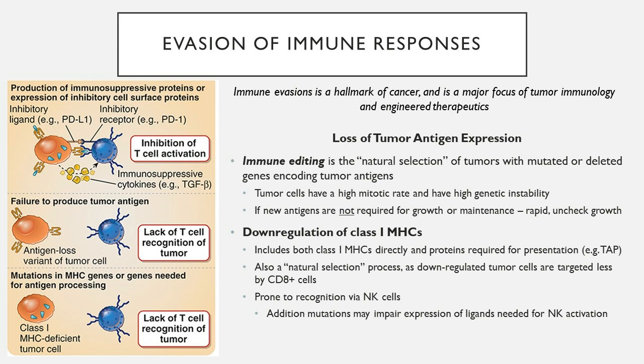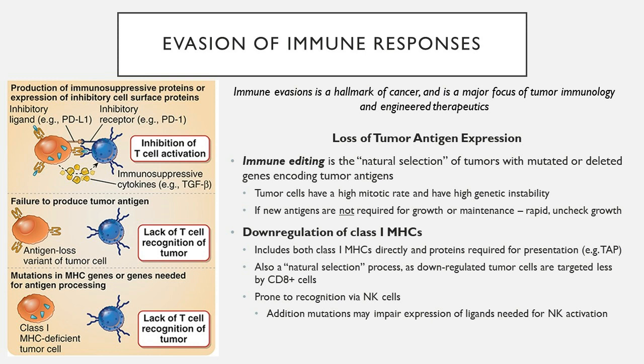So as they're rapidly proliferating and getting killed, ones that happen to have a mutation that lacks the encoding for those tumor antigens, those neoantigens, are the ones that survive because they're not being marked to be killed. So if those new antigens that they're mutating are not required for the growth or maintenance of those tumor cells, they're going to result in rapid, unchecked growth, as opposed to those clones that lack that particular mutation, which are going to be targeted by the CD8 plus cells.